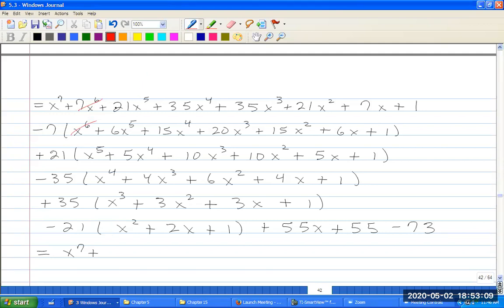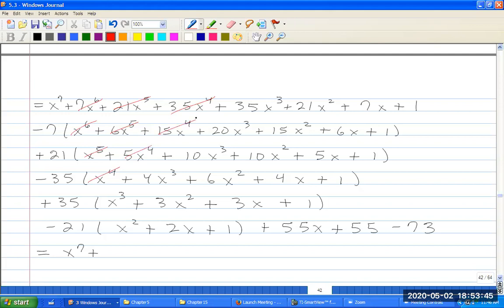These cancel. Okay. Now x to the 4th. So I'm looking basically going this way. So these canceled. Now let's look at these guys. So 35 canceled with that, and the 4th canceled with this one. And then you get 105 minus 105. The fourths also cancel.